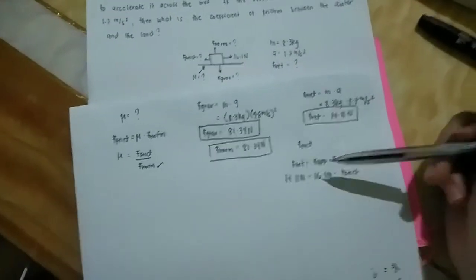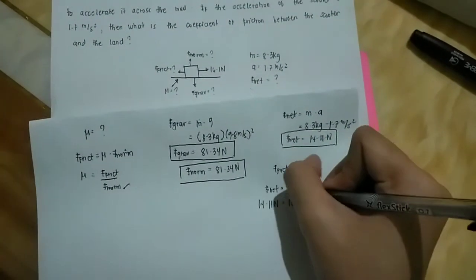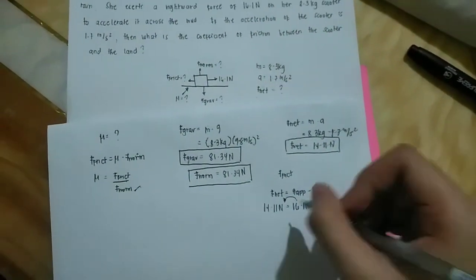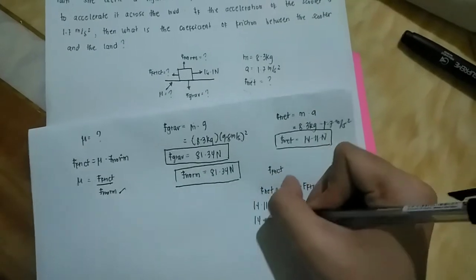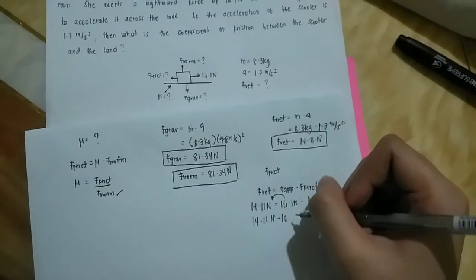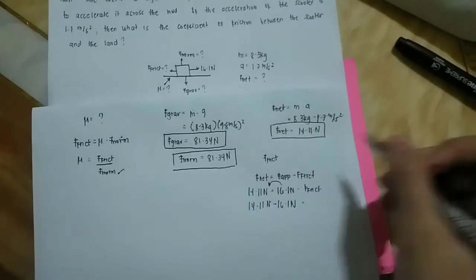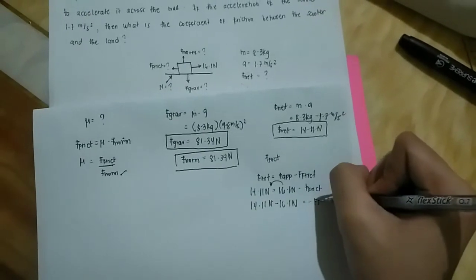So we need to combine the like terms. We will transfer the value of F app to the other side, and it will also change the sign when transferred to the other side. Always remember that. So it equals negative F brake.